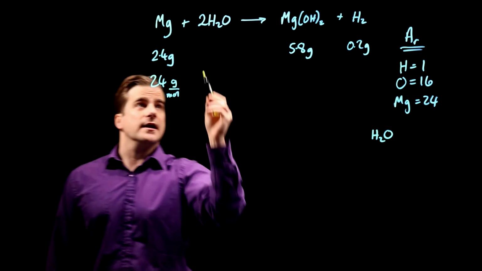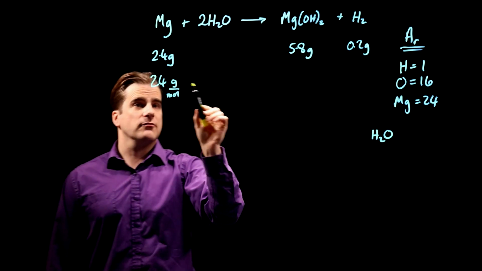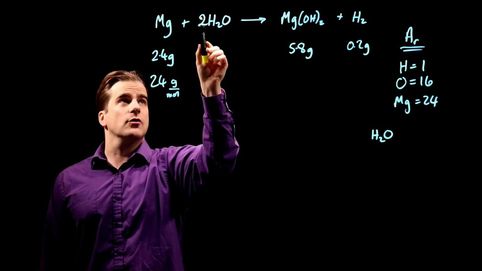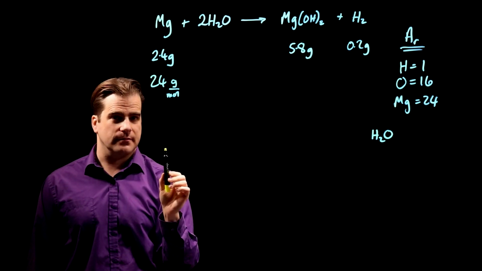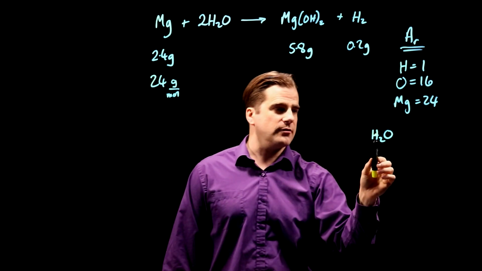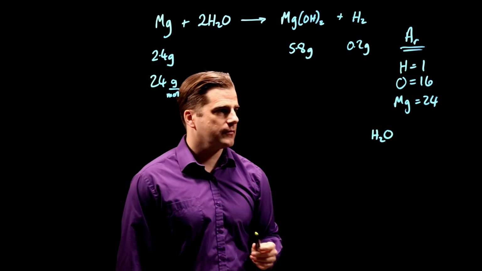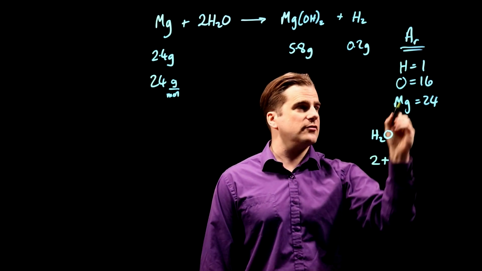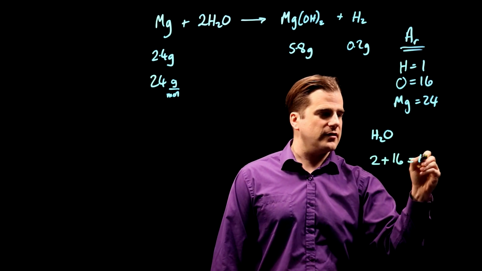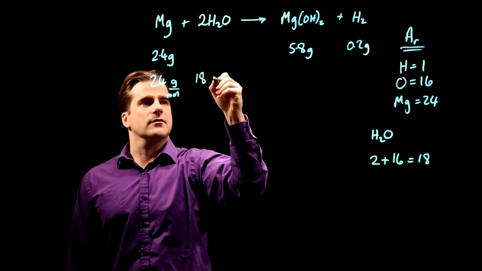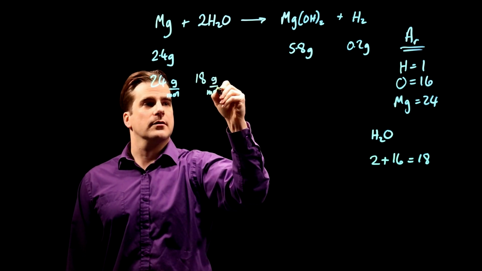You don't need to worry about the big number when writing down the relative molecular mass here. Ignore the big number for this bit. It's just the molecule, just H2O. Don't worry about the big two. So it's H2O, that's 2 hydrogens plus an oxygen, which is 16, so it's 18. Okay, 18 grams per mole.